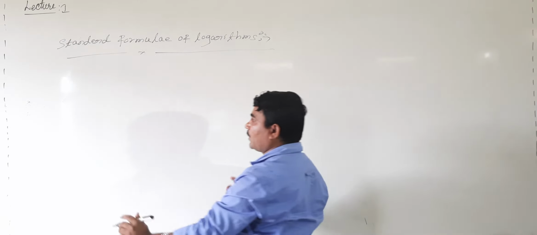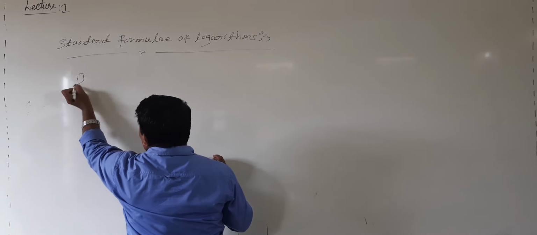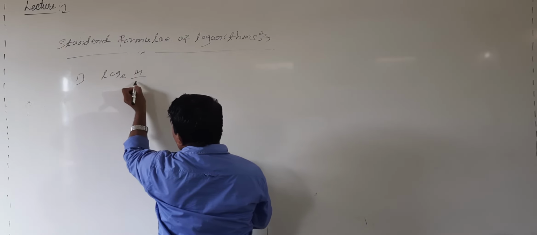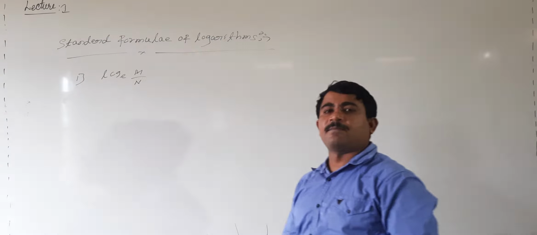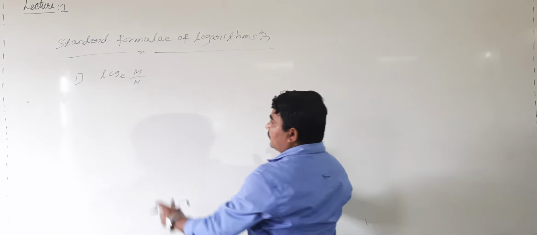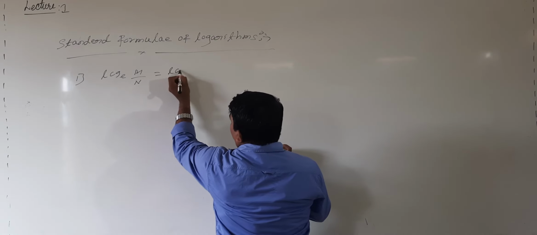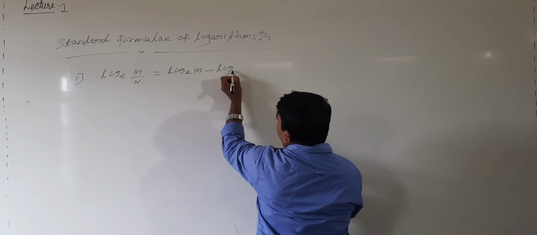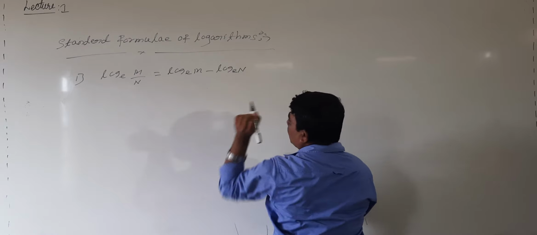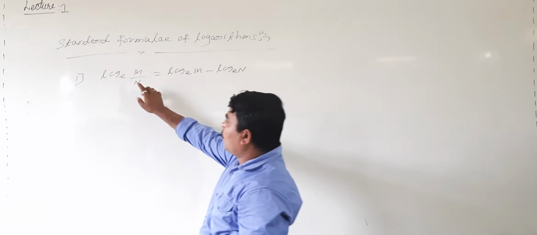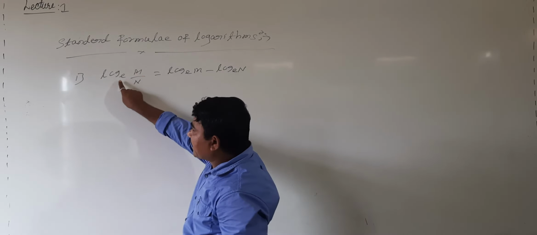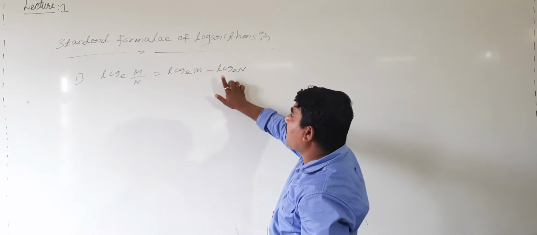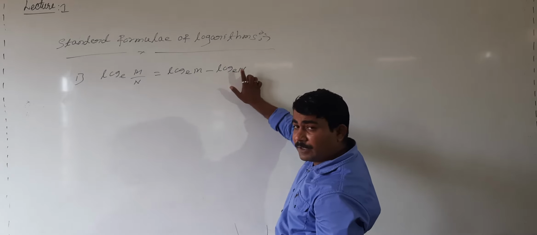Students, first formula is logarithm to the base e of m by n. This formula can be written as logarithm of m to the base e minus logarithm of n to the base e. That is, logarithm of m by n to the base e equal to logarithm of m to the base e minus logarithm of n to the base e.